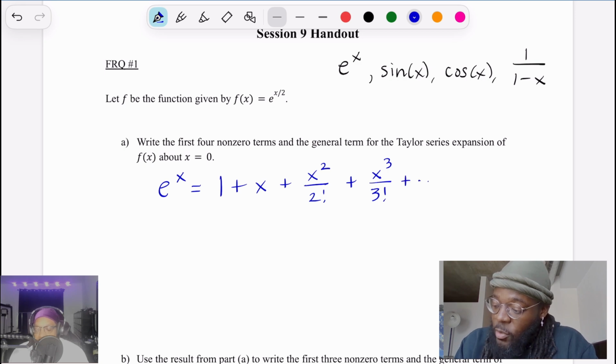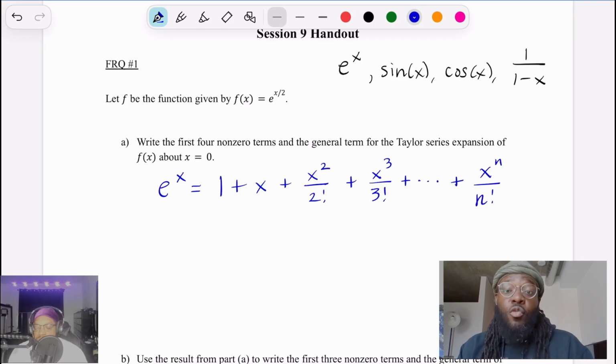And this pattern continues all the way up to the general term, x to the n divided by n factorial. And when you write your Taylor series, this is an infinite series. So you have to have the plus dot dot dot at the end. Now I wrote that out as my Taylor series expansion for e to the x.